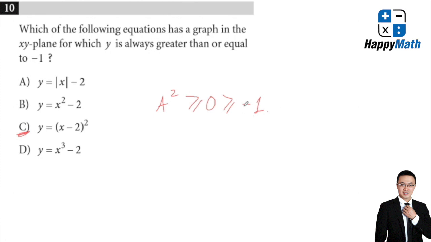Maybe most of you will be confused because it is not equal to -1, but the option says greater than or equal, not and. So a square is always greater than -1, of course. Maybe the equal sign cannot happen, but the sign of greater than or equal can, because we have that option here. So I will choose C as the final answer without caring about the other options.